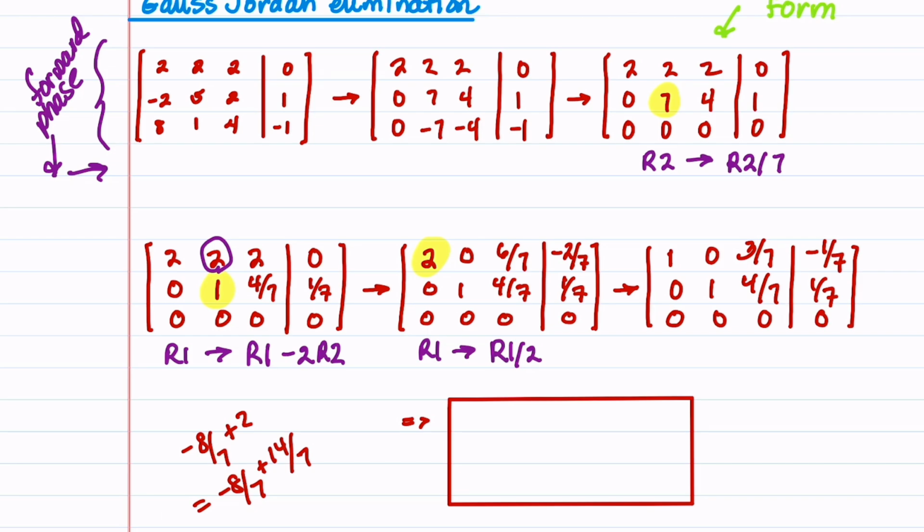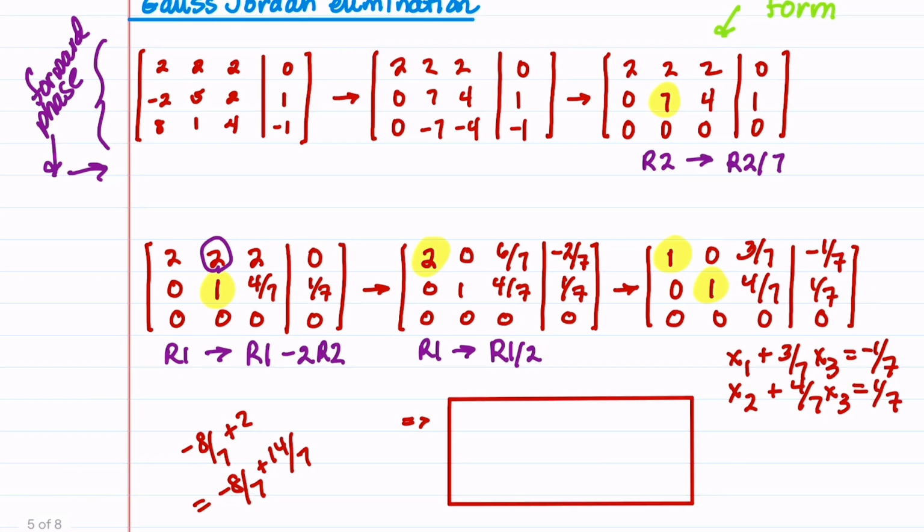Now we're pretty much done. We are going to now solve just like we did with Gaussian elimination. We're going to solve for our leading variables. So this gives us x1 plus 3/7 x3 is minus 1/7. And then x2 plus 4/7 x3 is 1/7.